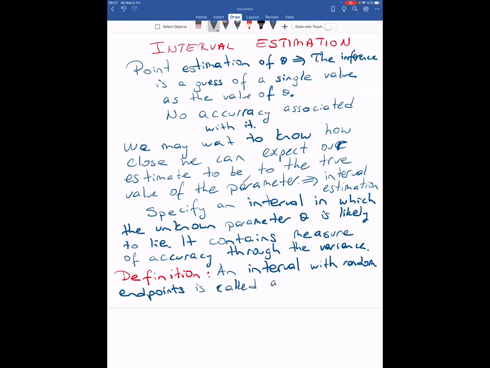We are not focusing on the random intervals, we focus on the confidence intervals, okay?